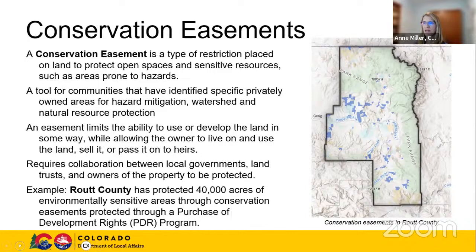So in 2003, Colorado Springs coordinated with a subdivision called the Cedar Heights subdivision and a local land trust to protect about a 300-acre park with a conservation easement. And that was really to buffer against wildfire risk to a community.